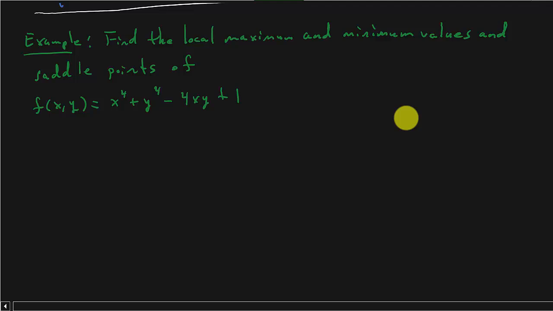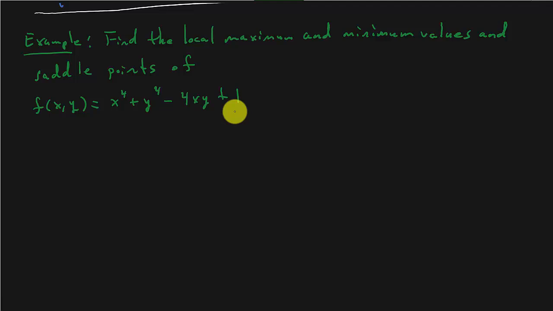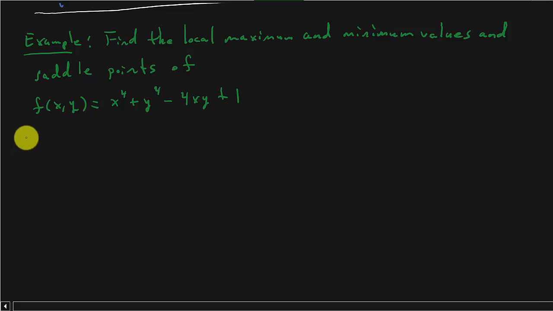All right. So here it says find the local maximum and minimum values and saddle points of this function right here. So we need to find the partial with respect to x and the partial with respect to y. So the partial with respect to x is equal to 4x cubed minus 4y.